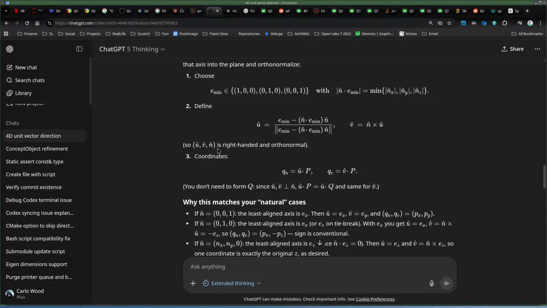Very, very good. I like this very much. So if the normal points in the z direction, then u and v just become x and y, which is super logical. But if n points in, let's say, the x direction, what would happen then? X direction. Let's go.